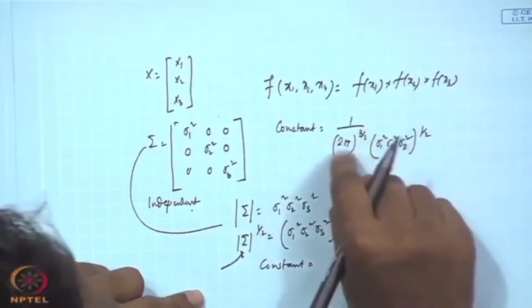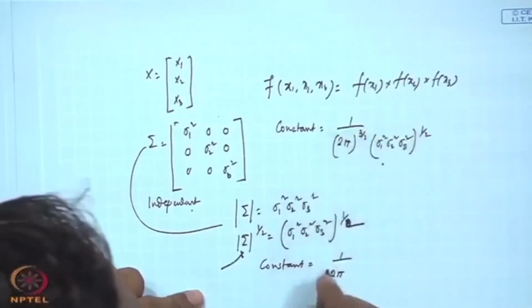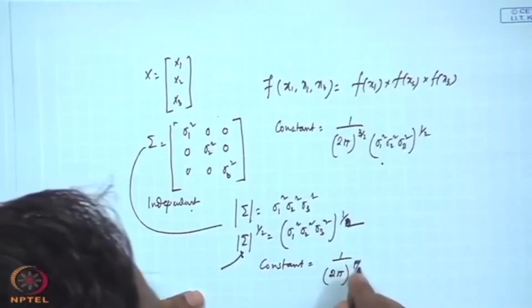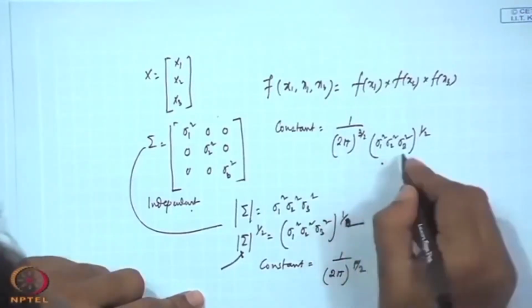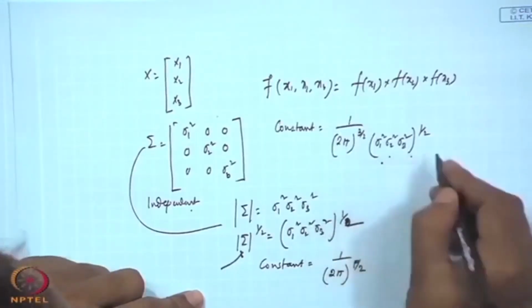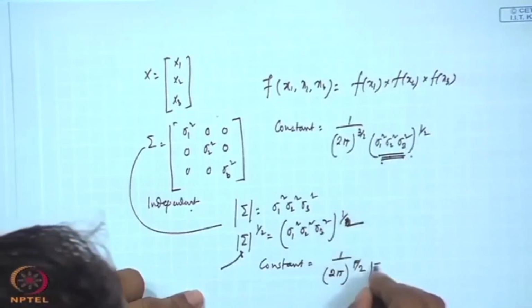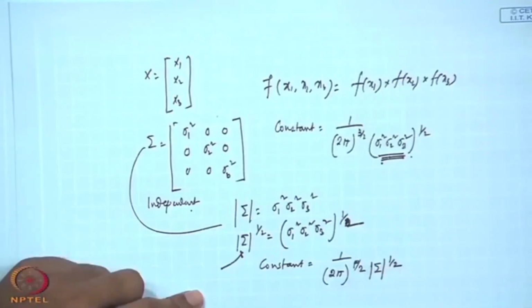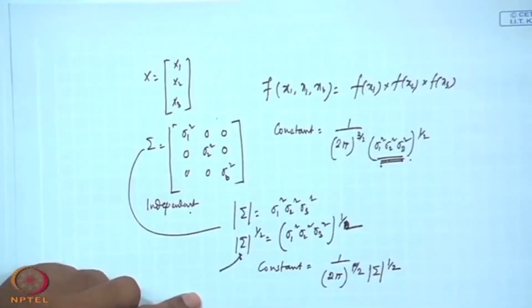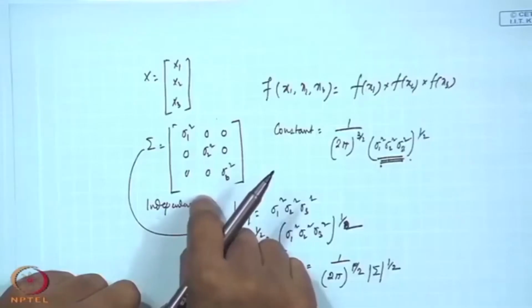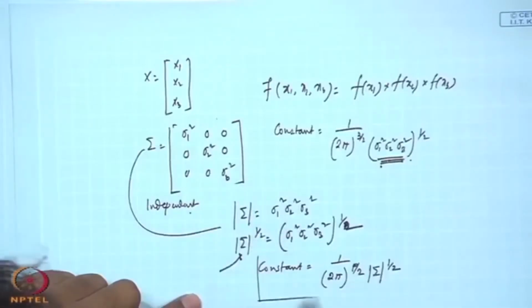When there are 3 variables, 2 pi to the power 3 by 2. So, when there are p variables, it will be p by 2, and whether it is the 2 variable, 3 variable or p variable case, ultimately this quantity will be replaced by the determinant of the covariance matrix to the power half. So, with one assumption here, that we are considering independent variables, we proved this is the case.